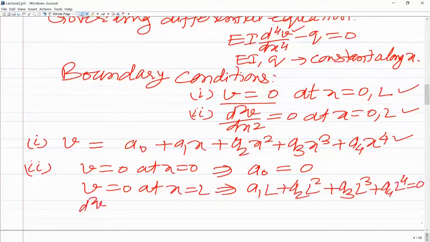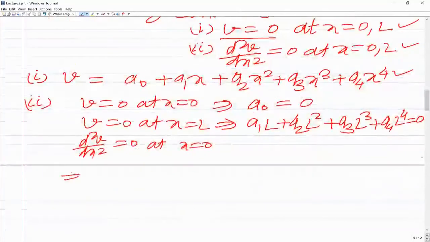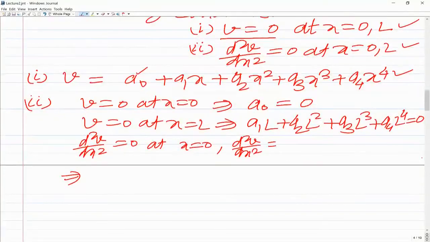Then third is d2v by dx square equal to 0 at x equal to 0. Now if you differentiate the approximate solution twice, let me write the expression for d2v by dx square. The a1 term goes in the first derivative itself.